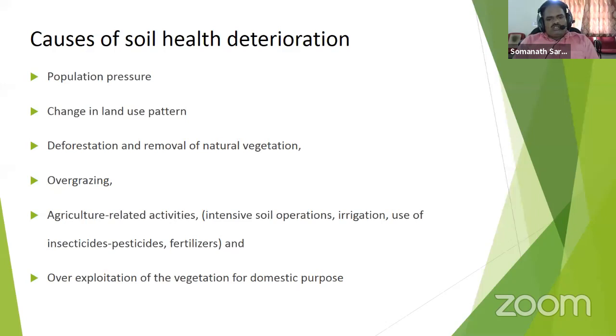Over-exploitation of the vegetation for domestic purposes, for the construction of houses, and preparing furniture from wooden materials: we cut the natural vegetation for that purpose, and it ultimately affects the environment, and lastly it affects the soil health also.